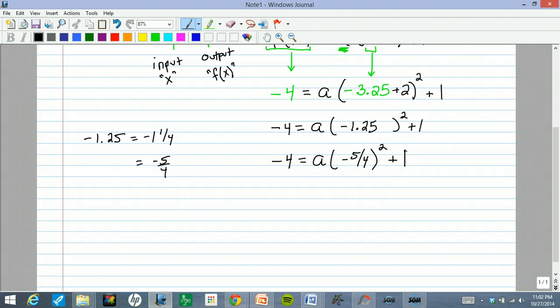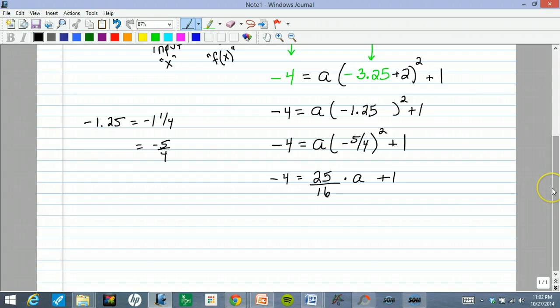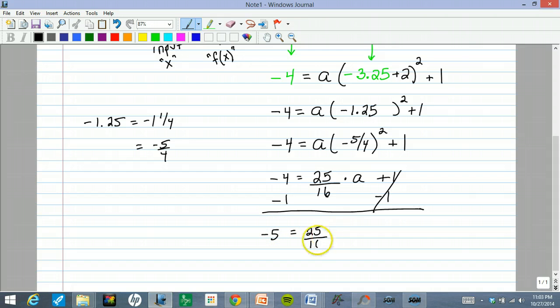Alright, so negative 5/4 squared is positive 25/16 times a, plus 1. So working backwards here, I'll subtract 1 on both sides to solve for a. This makes 0. On the left, I get negative 5 equals 25/16 times a.